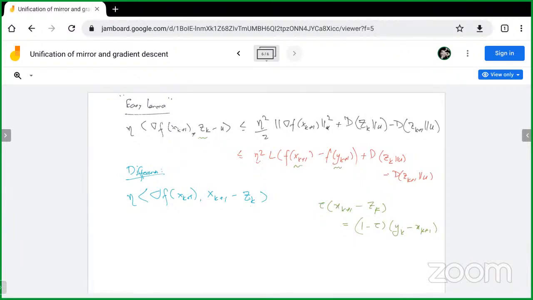And now I can use this here. So this is exactly one minus tau over tau, times eta, times the difference involving yk.